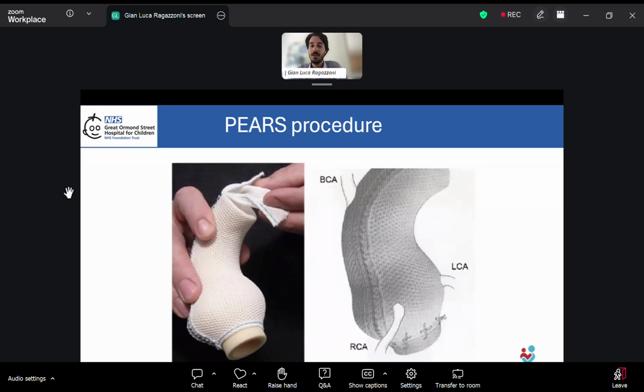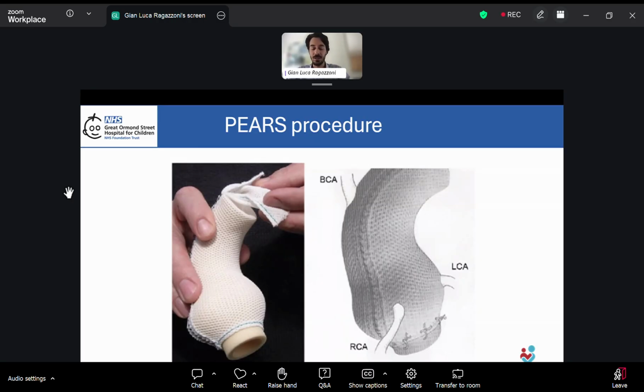So what happens here is they do a 3D reconstruction of the aorta, and then based on that, they print a 3D sleeve of the aorta, and this is surgically implanted on the outside. And the idea is that it will support the aortic wall from the outside and prevent further dilatation.